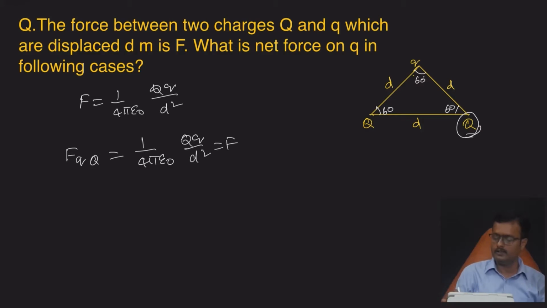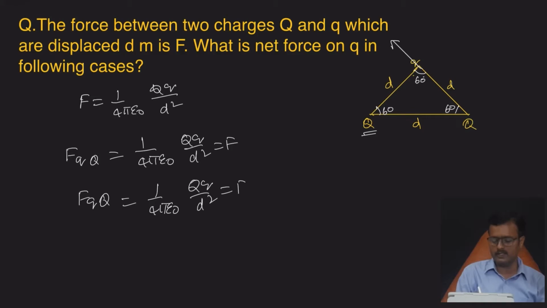Look here, both are positive charges, so Q repels the Q along this direction. The force on small q by the other q is 1 by 4 pi epsilon naught q by d square, that is F. See here, Q and Q both repel each other, so Q repels the Q along this direction.